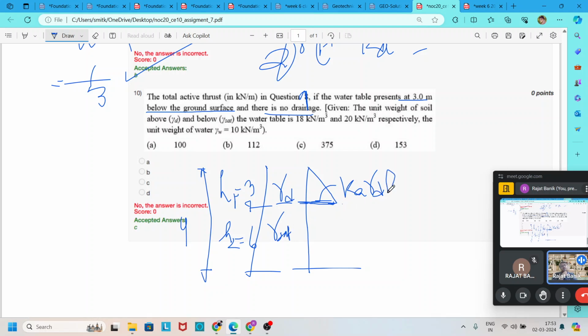The pressure at this point is Ka gamma d into H1. And here again, below the water table, the pressure at this point is Ka gamma d H1, because up to this much is the same. From here to here the changes occur.